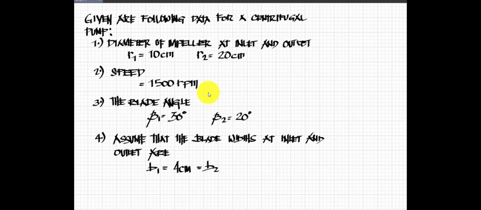The blade angles at the entry and exit are 30 degrees and 20 degrees. Assume that the blade widths at the inlet and outlet are equal, so you have 4 centimeters.